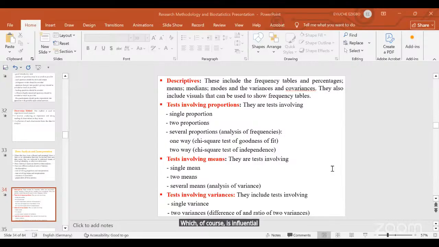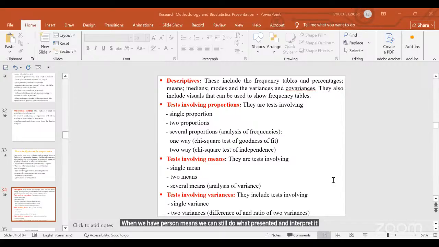We may have tests of hypothesis involving proportions. And then when we have tests of hypothesis involving proportions, we can as well present the tests and interpret the tests. We can as well have tests of hypothesis involving means. When we have tests involving means, we can still do what? Present it and interpret it.